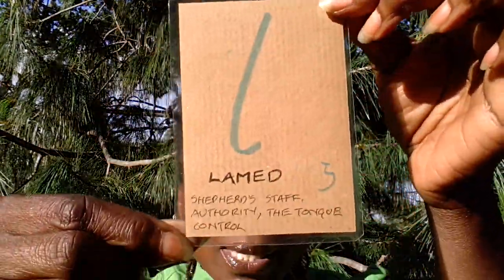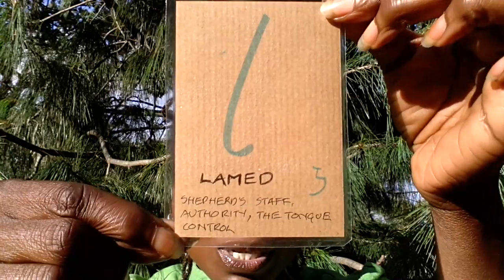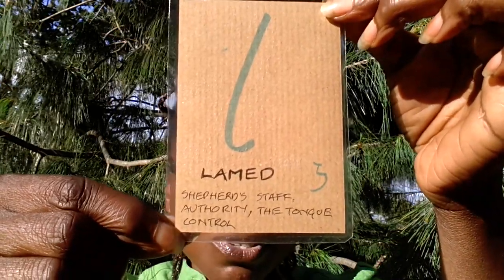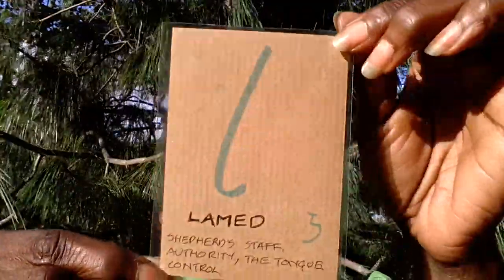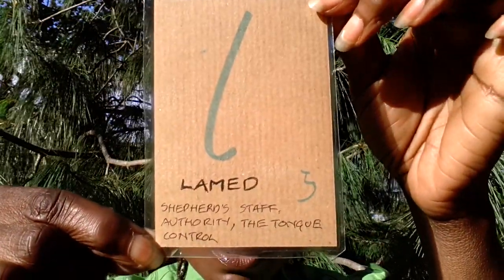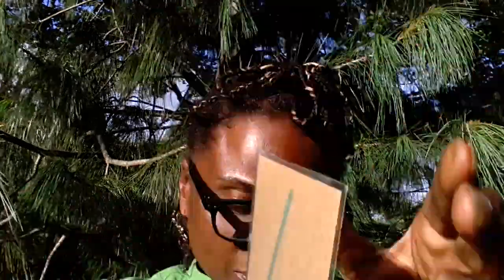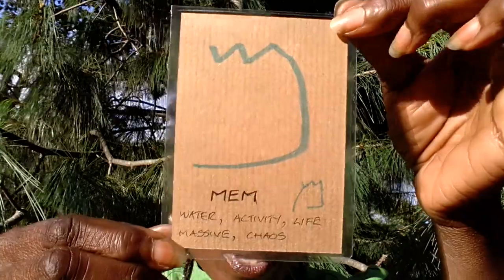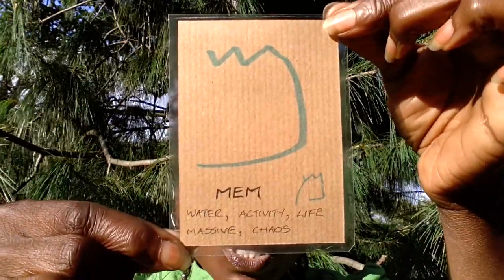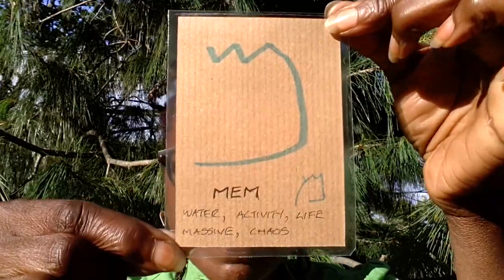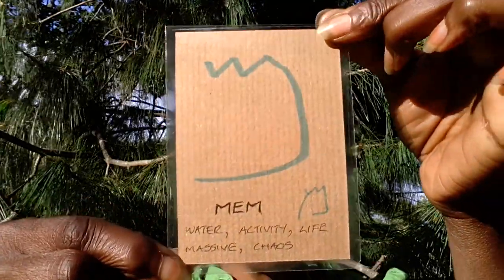And then lamed, which is like a shepherd's hook, so shepherd's shaft, authority, the tongue, or control. And then there's mem, which is like the rushing waters of life. Water, activity, life, massive, and chaos also.